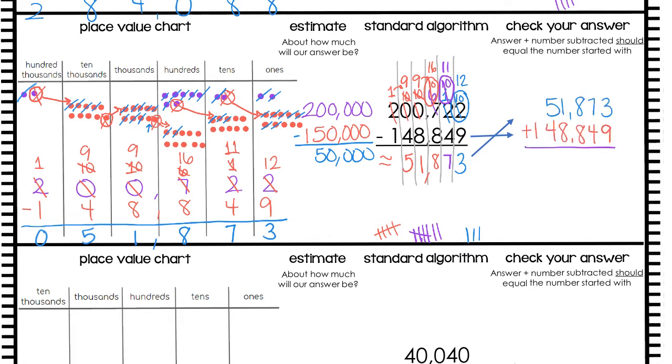All right, 3 plus 9, 12. 7 plus 4, 7, 8, 9, 10, 11, plus 1 more is 12. 8 plus 8, 16, plus 1 more, 17. 8 plus 1, 9, plus 1 more is 10. 4 plus 5 is 9, plus 1 more is 10, and 1 plus 1 is 2. That is the number that we started with here, so we are correct. Super job, guys.